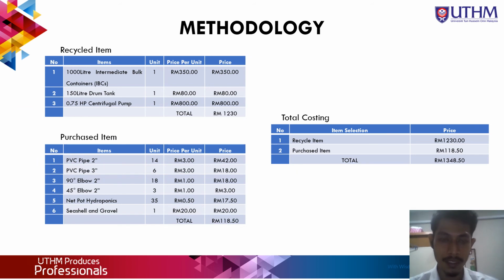Okay, so this is the cost of developing this project. There are some units that we use from a previous project, which my supervisor provided: a 1000 liter intermediate bulk container, a 150 liter drum tank, and a 0.75 horsepower centrifugal pump.